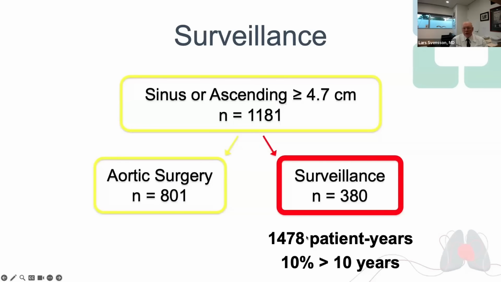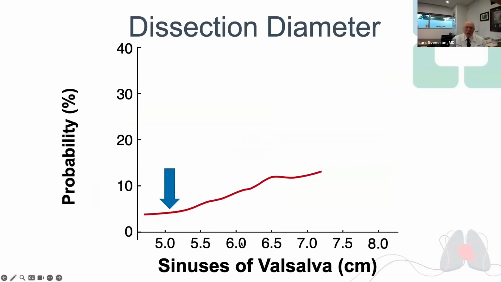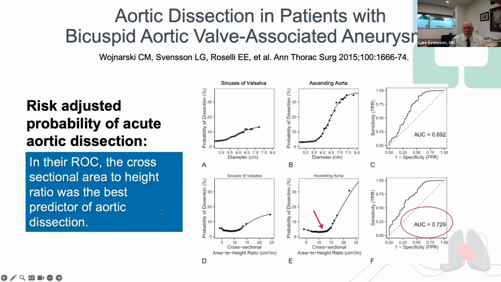And in the surveillance patients, we followed a number of those patients over 10 years. And the inflection point for dissection was at about 5.2 centimeters. And obviously, you want to operate before dissection happens. And so that's why we recommend 5 centimeters or that size ratio of 10.